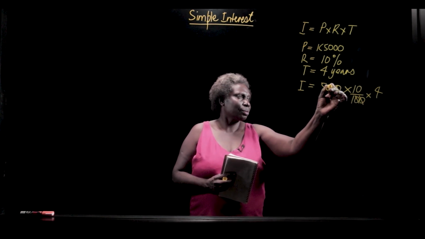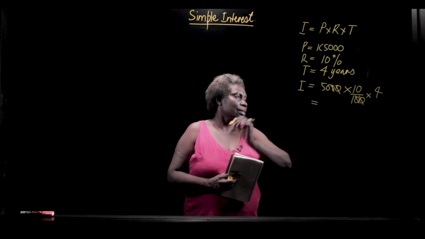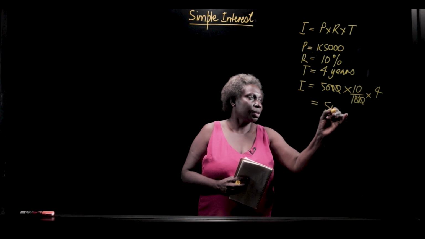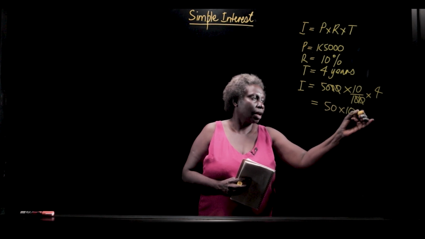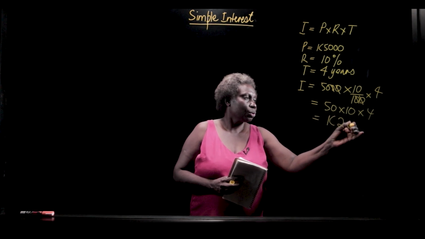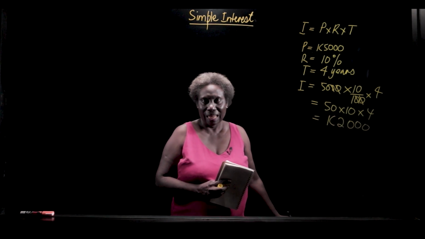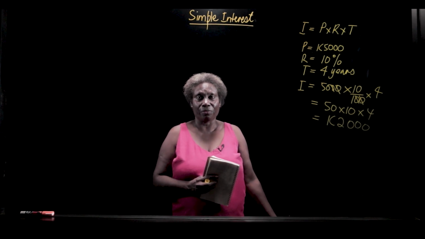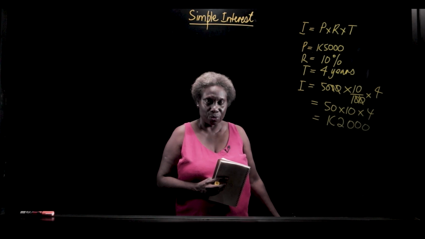This cancels out with this. So the interest that he is going to pay is 50 times 10 times 4, and that is equal to 2,000 kina. So he pays an interest of 2,000 kina on top of the 5,000 kina that he has borrowed.